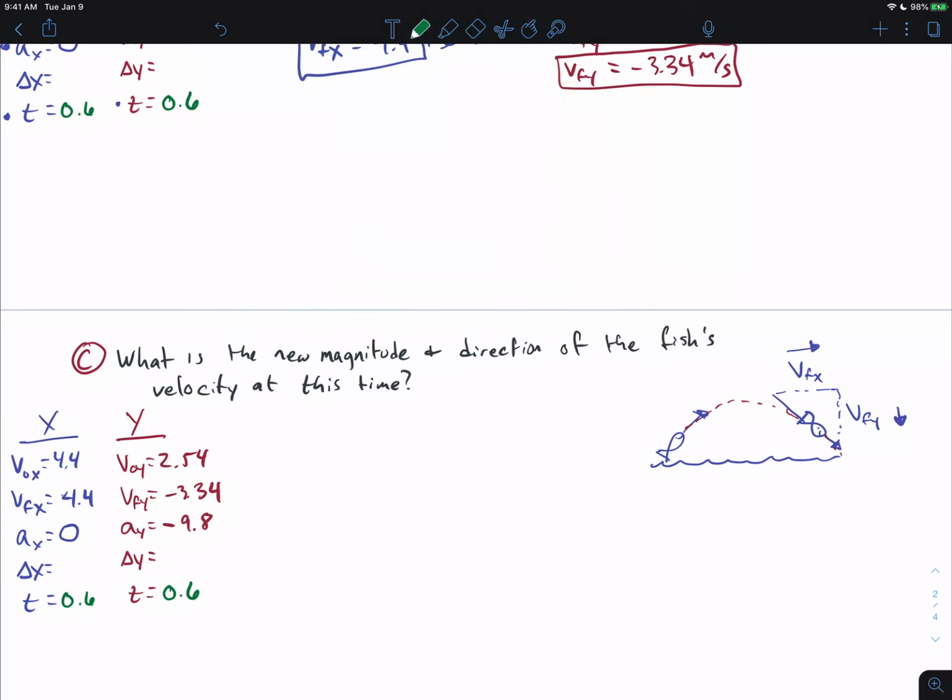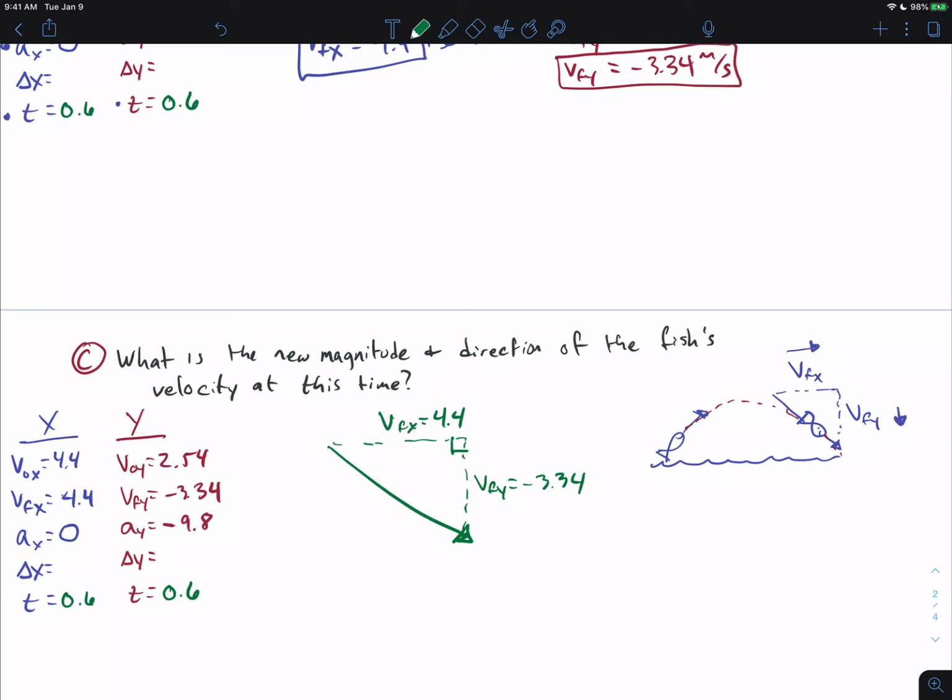Can we put this together into a triangle, right? So I'm going to draw this triangle again right here, just a little bit bigger for us. So this will be similar to our vector problem again. We're just combining our results. So we have our final velocity in the x, this was 4.4, and our final velocity in the y, this was negative 3.34.